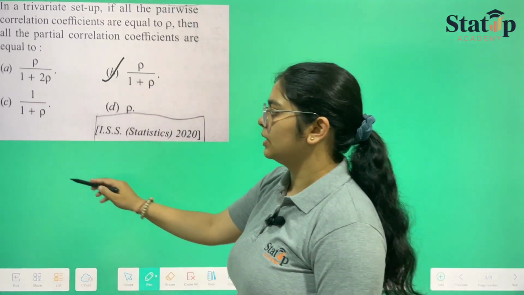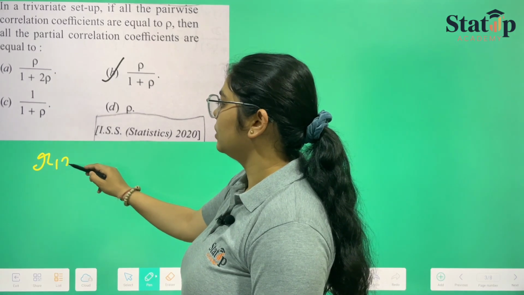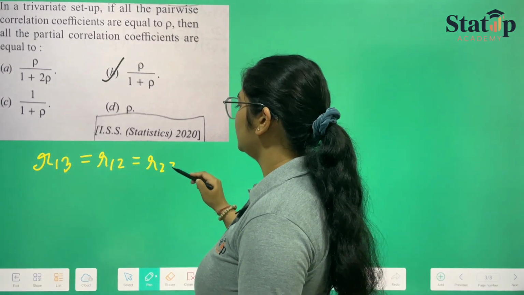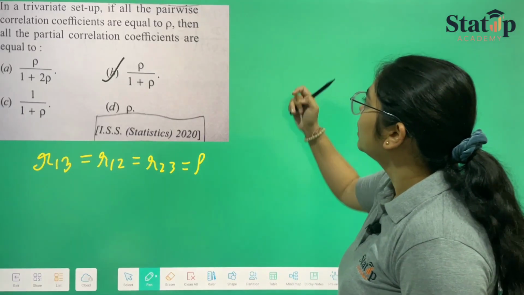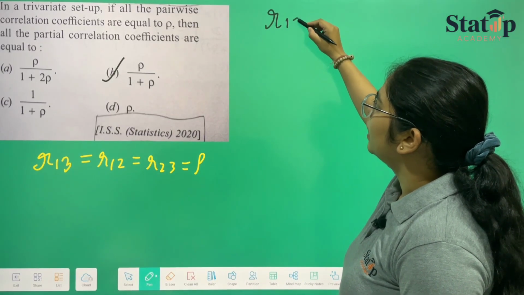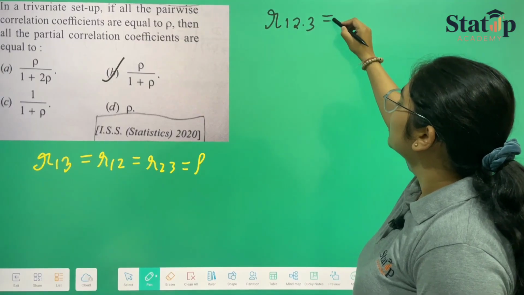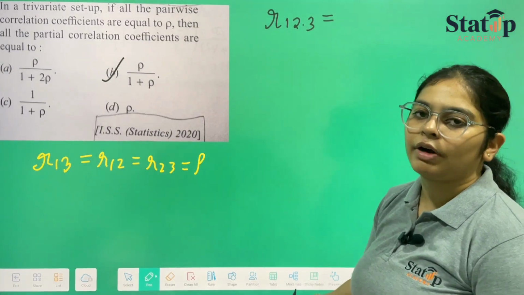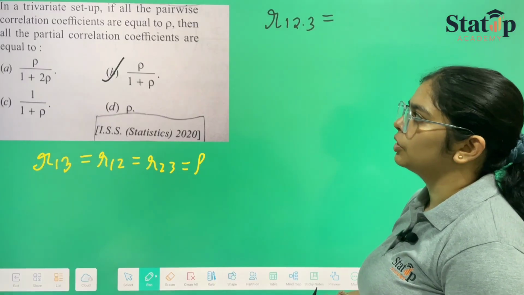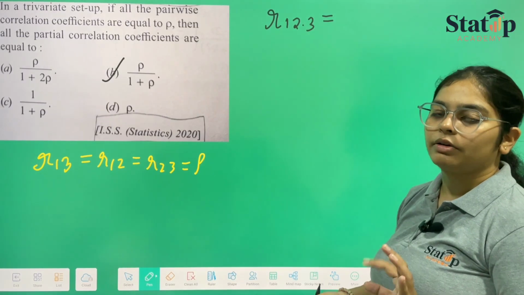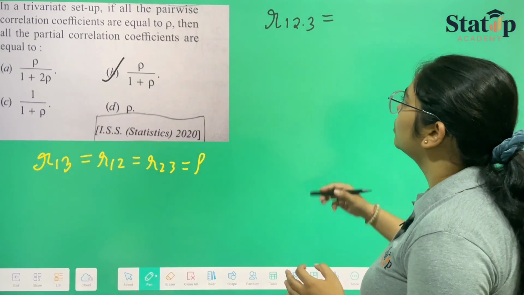Now let us see how it comes. R13 is equal to R12 is equal to R23 is equal to rho. They have given. Now the partial correlation coefficient R12.3 will be equal to, here we are taking 3, 1, 2, 3. You can take i, j, k because they have not given us exactly what to take, but they have given us that it is a trivariate population.